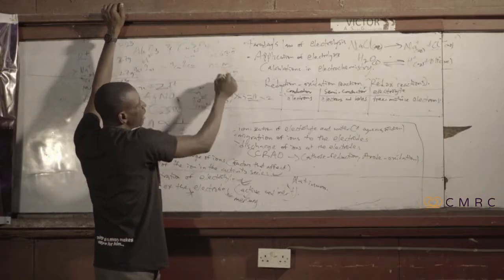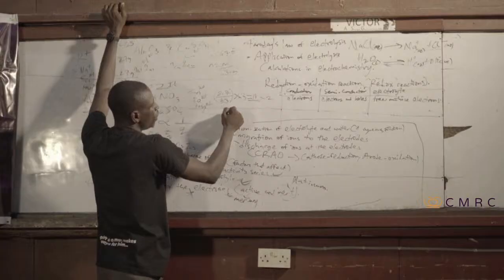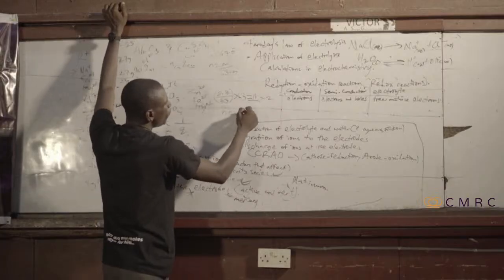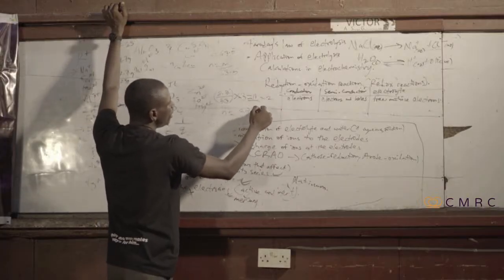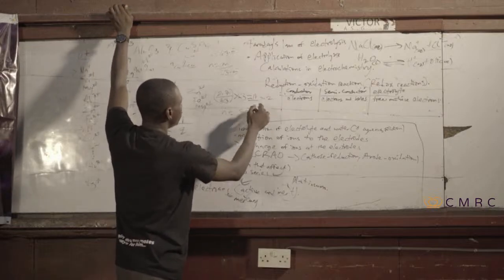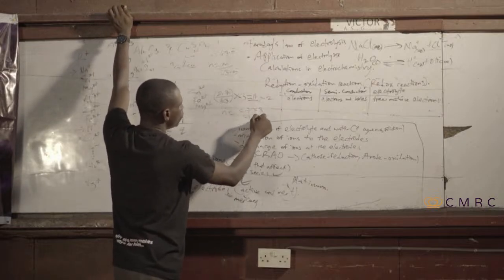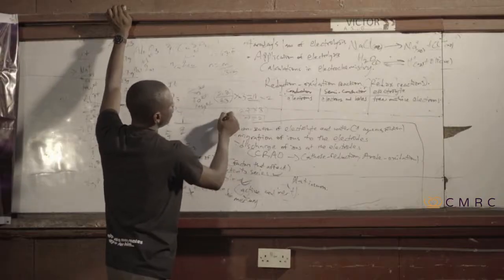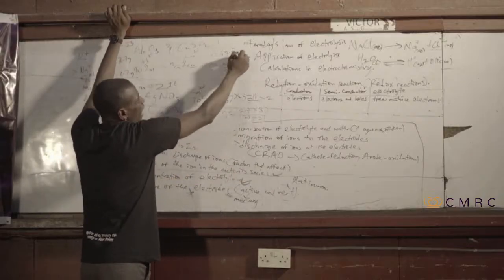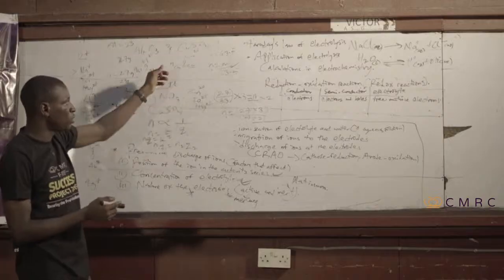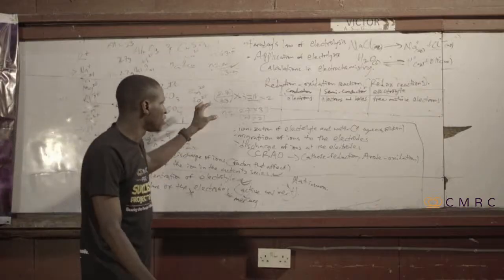Our N is 2.7 times 3 over 27 times 2. After getting N, you get the mass of copper deposited from this equation. That's how you do simple equations in electrolysis.